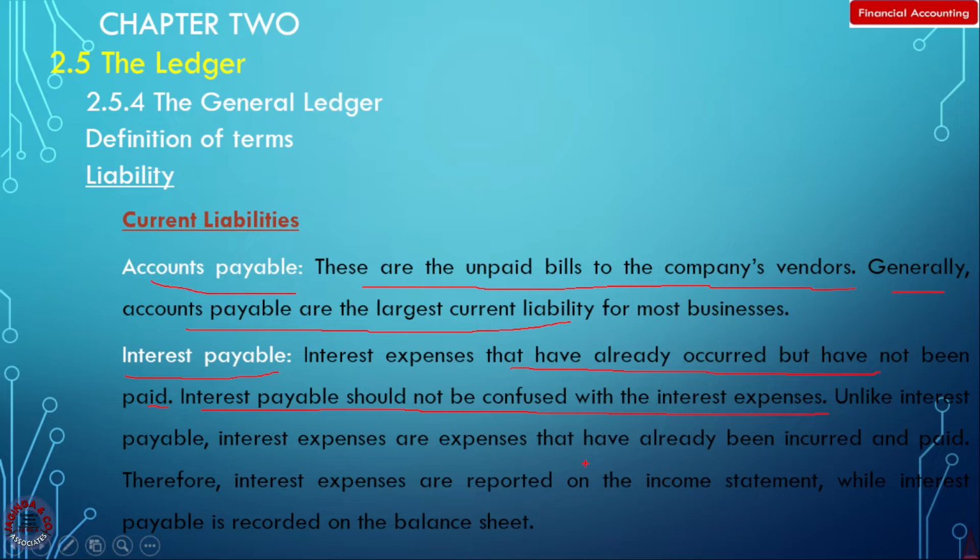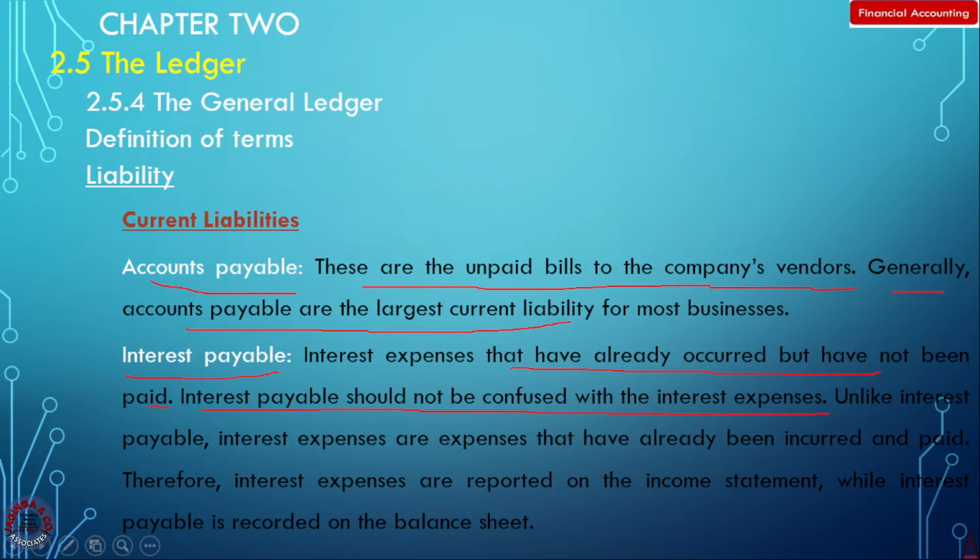So after 1 year, when the loan is 30,000, it means that you're supposed to pay 3,000. But after 1 month, you're supposed to pay the 3,000 divided by 12. So on a monthly basis, we are supposed to pay 3,000 divided by 12.